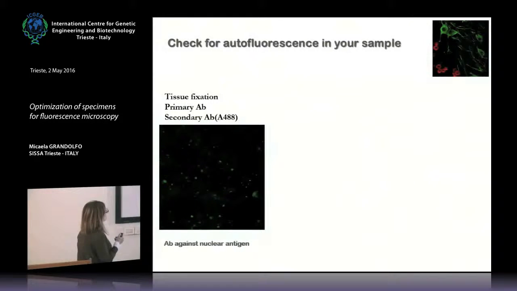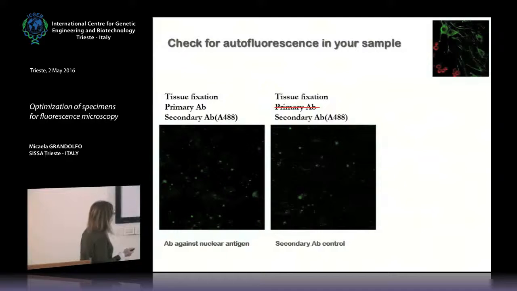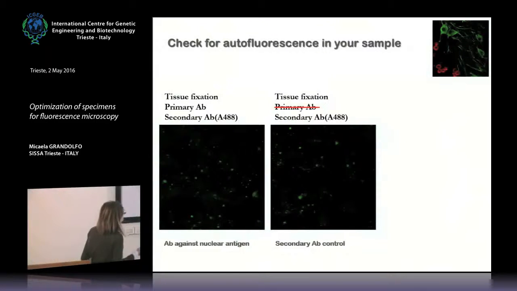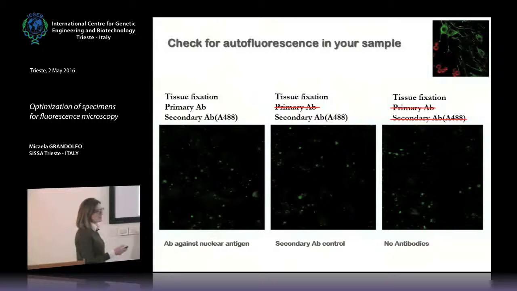Of course, the tissue was fixed and incubated with primary and secondary antibody. The secondary antibody was conjugated with Alexa 488. Okay, so the first control was to remove the primary antibody and to incubate a fixed section just with the secondary antibody. And as you can see, the image is not very different from the previous one. The last control was to have a look at the section just fixed. And as you can appreciate, there is no difference also in this case.